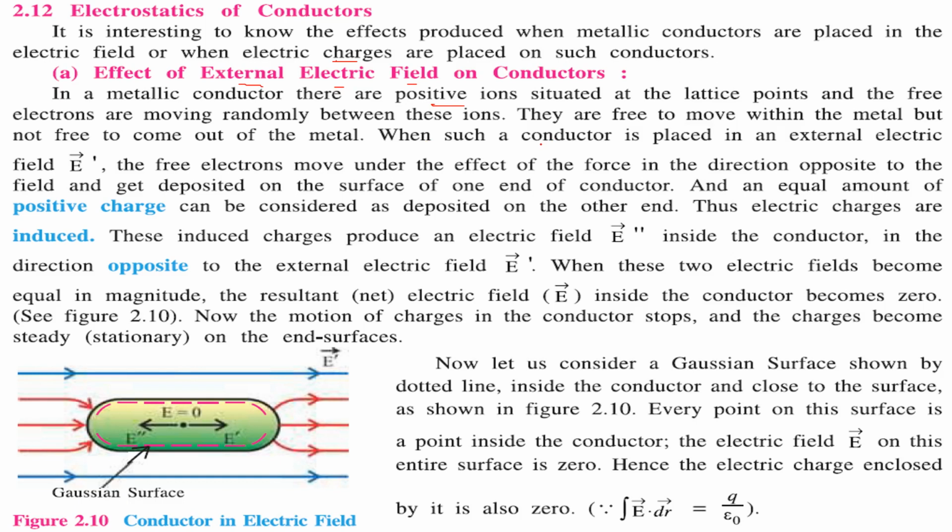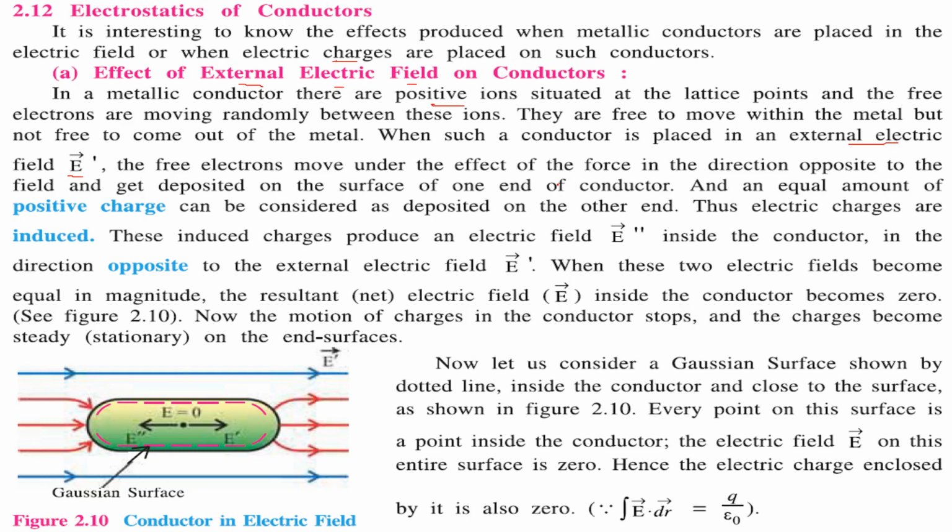When this type of conductor, or any metallic conductor, is placed in an electric field, say E dash, the free electrons move under the effect of a force in the direction opposite to the field.